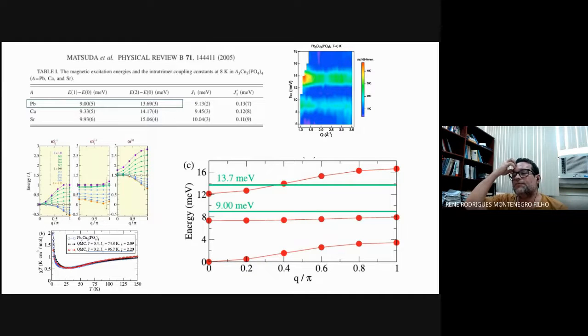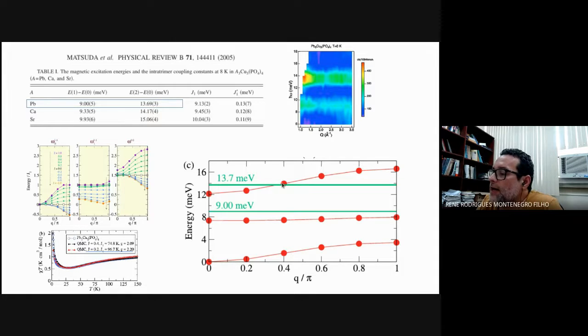So we take these values of J and our low-energy marginal excitations here, and have compared with the results of the authors, and the comparison is very good for the two higher bands here.